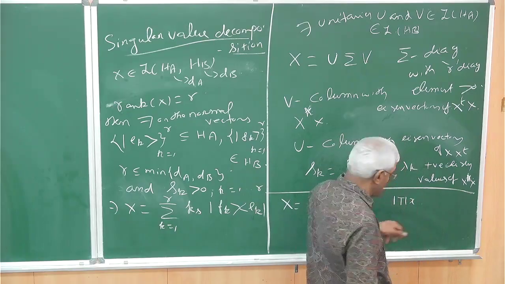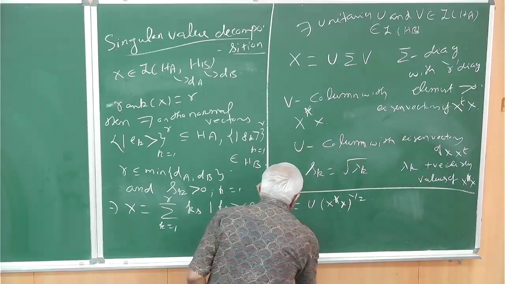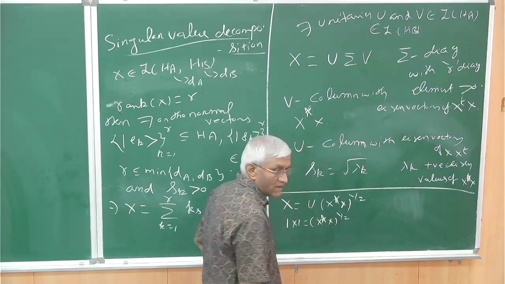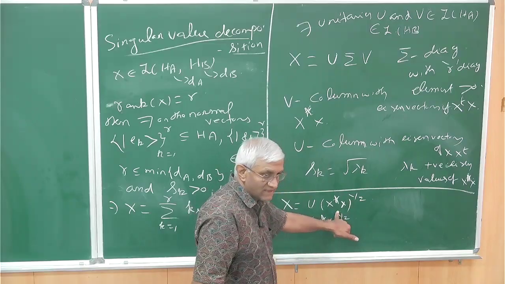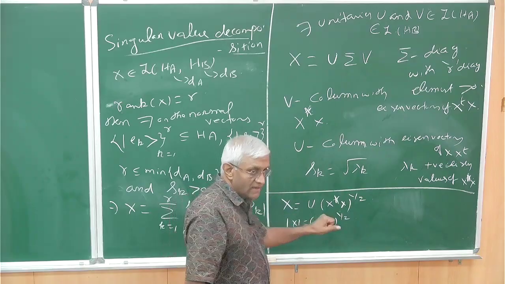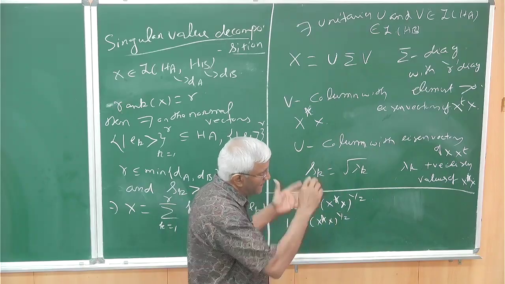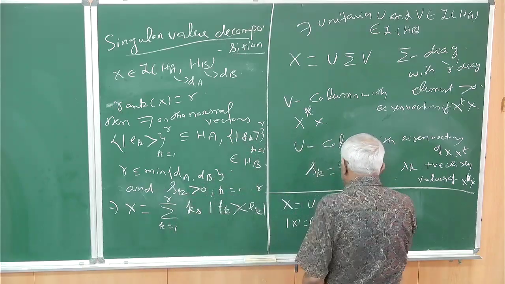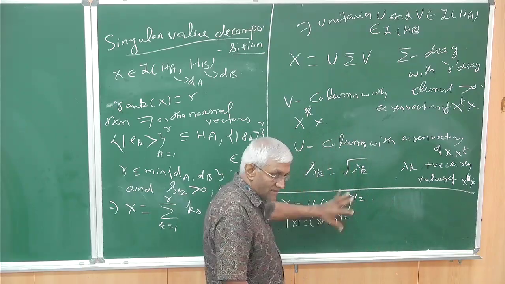The range of mod T, I am saying T, sorry, mod X equal to X star X power half. So the range of mod X is the same as the range of X star X, the same as the range of X star. Maybe the kernel perp you can work with. Then the kernel perp of all these things are the same.